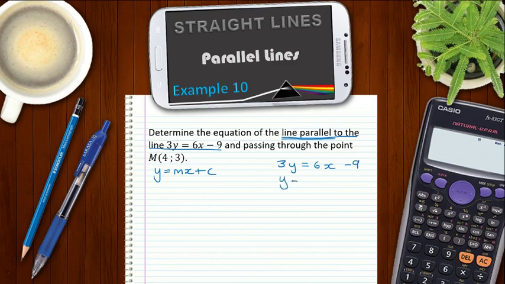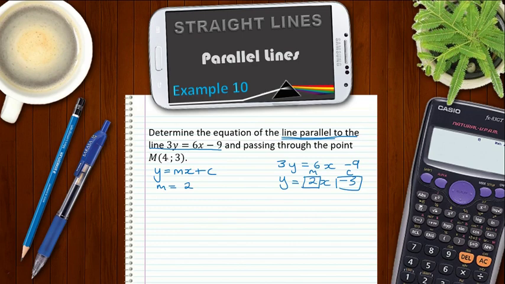In doing that, y is then equal to 2x minus 3. So now this line is in its standard form, where this is my gradient and this is my c value. And because the line I'm looking for is parallel to this line, my gradient will therefore be equal to 2.